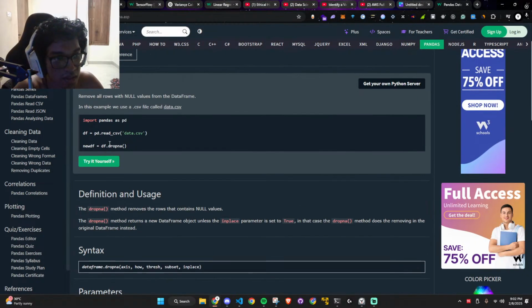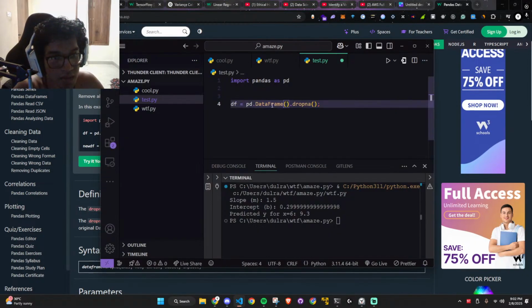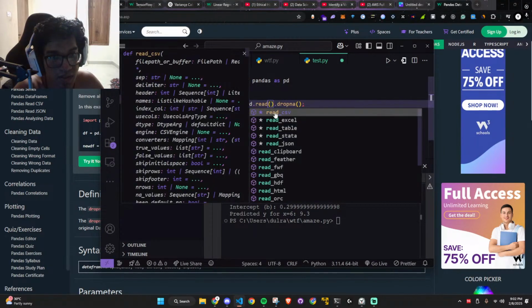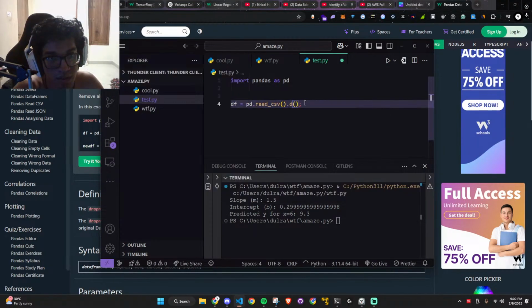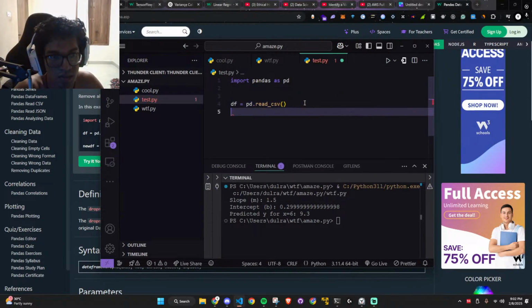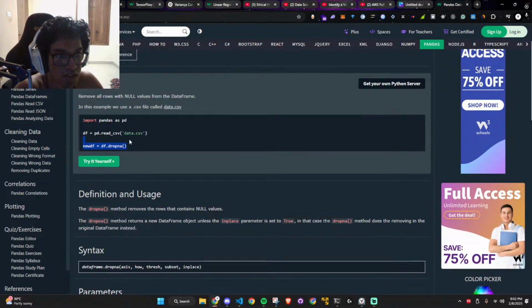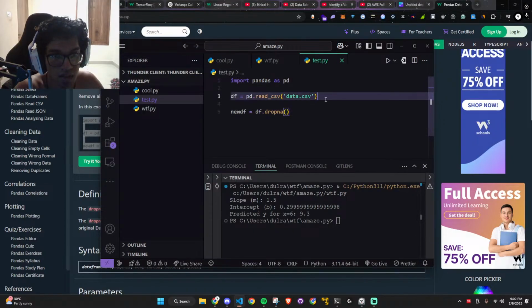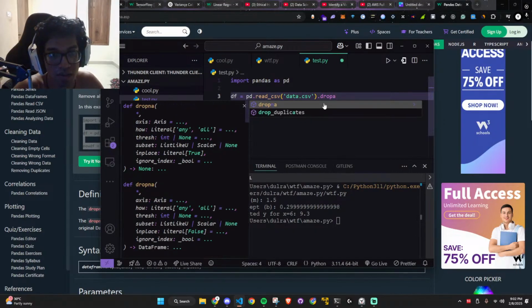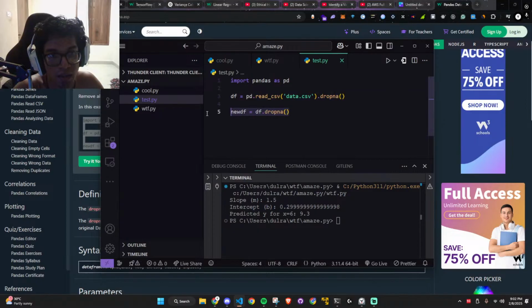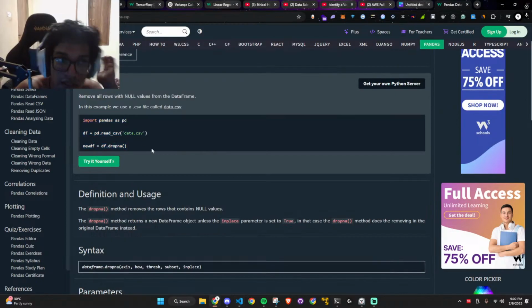Is that a thing? So this should be part of this, right? Why is it not detecting that? Now it works, okay. There we go. So pretty much you just drop any empty rows.